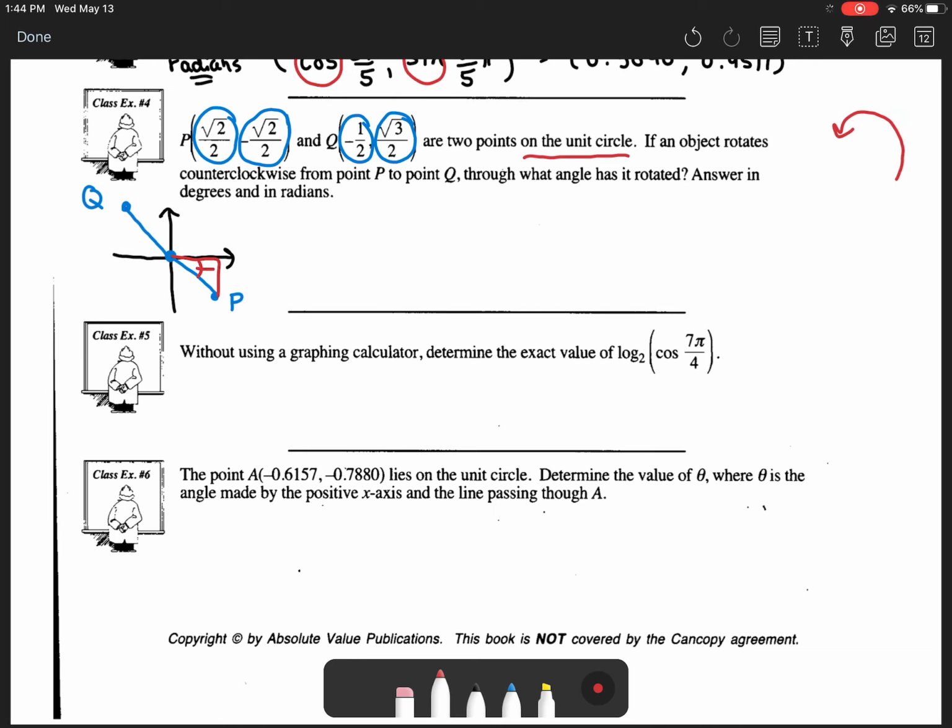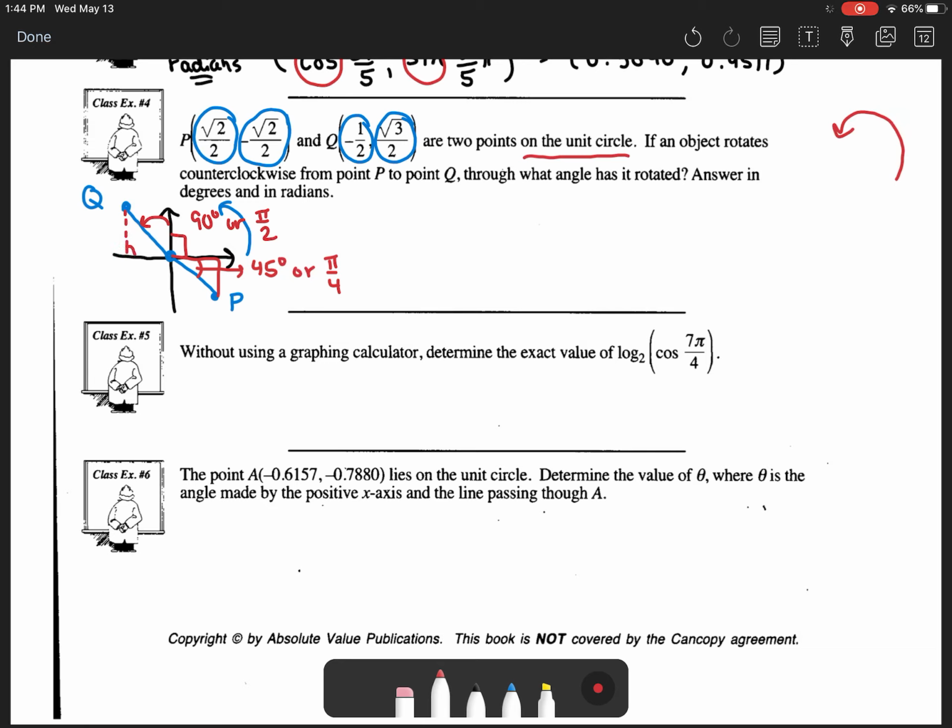That means this angle in here is going to be, like I said, 45 degrees, or in radians, pi over 4 radians. Then, remember, I am rotating in this direction, counterclockwise. So then I'd have to rotate the whole way through quadrant 1, which would be 90 degrees or pi over 2 radians. And then finally, I'd have to rotate from here to here.